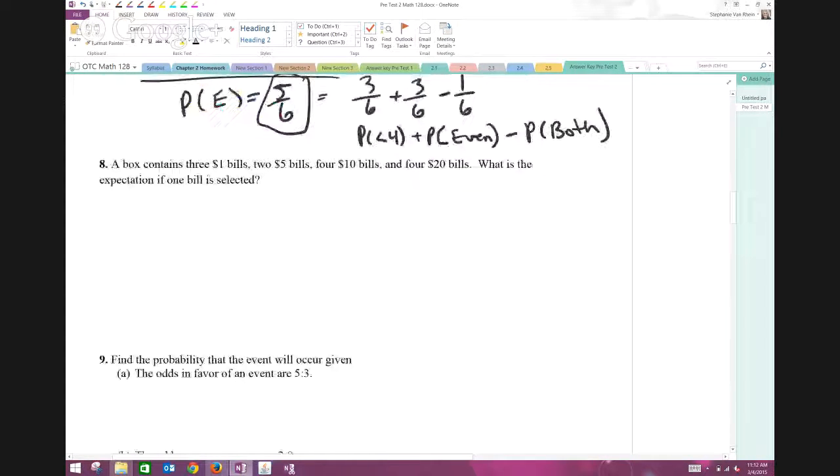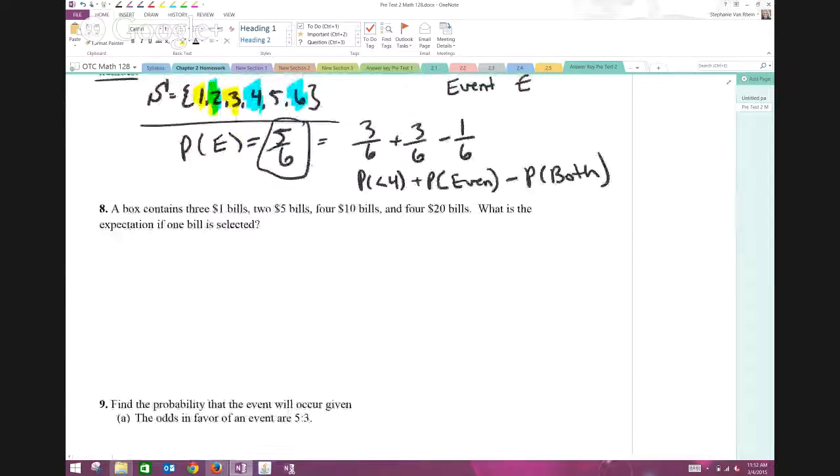A box contains 3 $1 bills, 2 $5 bills, 4 $10 bills, and 4 $20 bills. What is the expectation if one bill is selected? So this is an expected value problem.